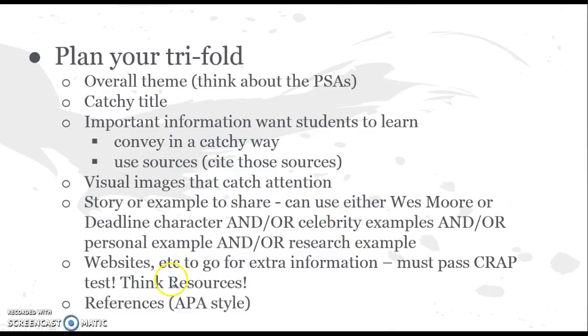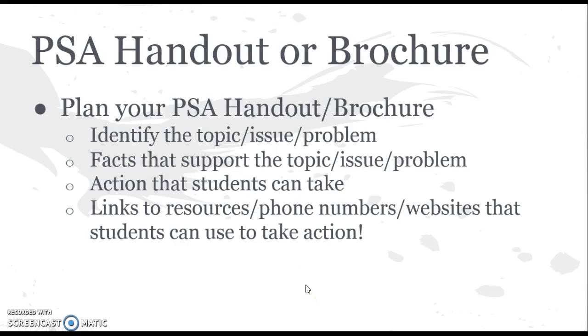And then websites to go for extra information, of course, must pass the CRAP test. But I also want you to think resources. I want you to think about the phone numbers, the websites that students can reach out to if they want more information. And then, of course, follow APA style for your references.